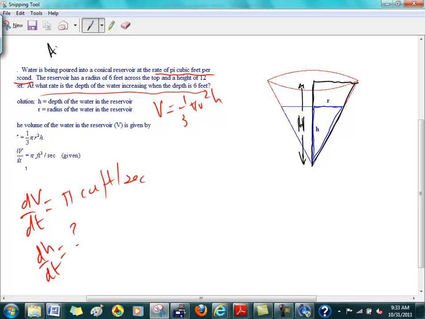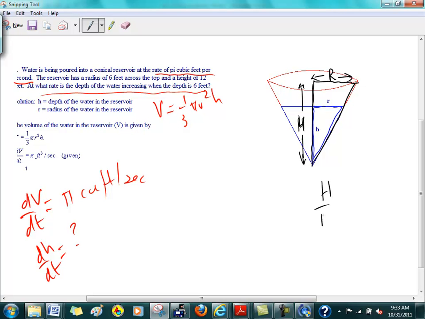Uppercase and lowercase letters have different meanings. And then let's say that the big radius in the black triangle is uppercase R.